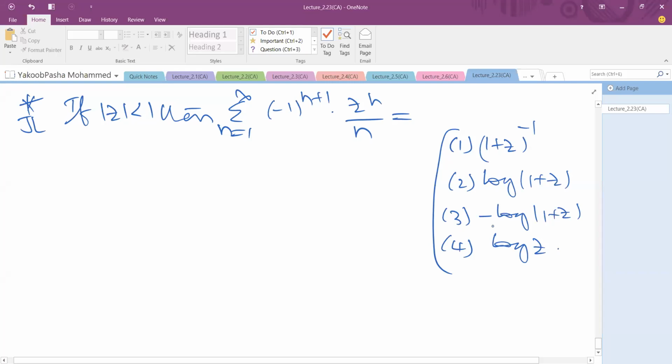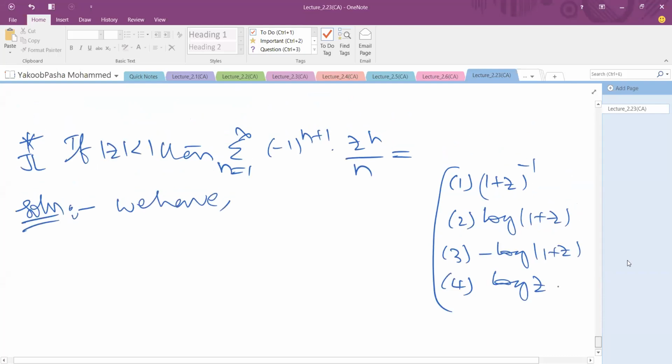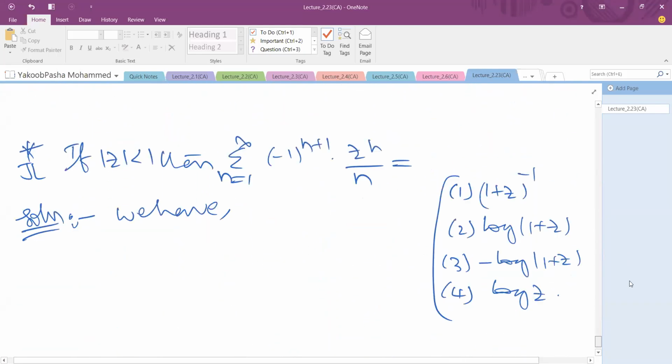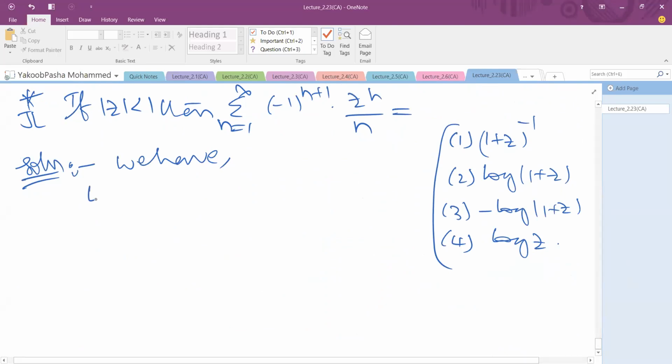Now, first we know that we have to write the expansion. We have to remember the expansion of log z. Similarly, we can write the expansion of log 1 plus z.